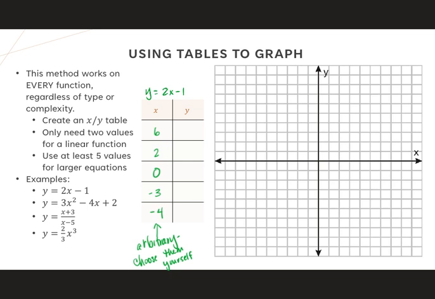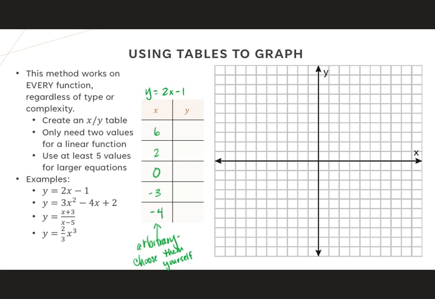If you have a fraction that wants you to divide by 3, then use 3, 6, 9, 12, so that when you divide by 3, you get whole numbers. You get to pick them however you want. It doesn't always have to be 1, 2, 0, and -1, -2. Use what seems like it's going to make your life easier.